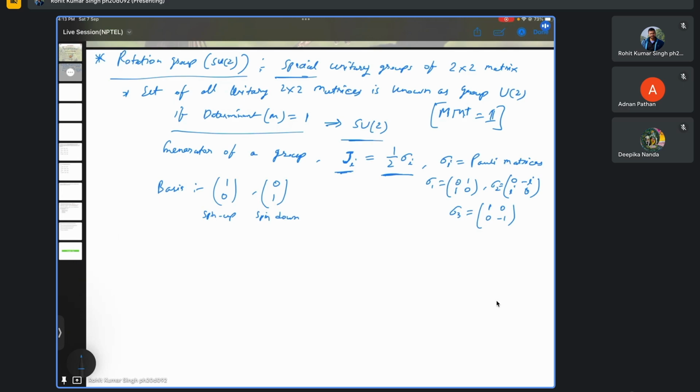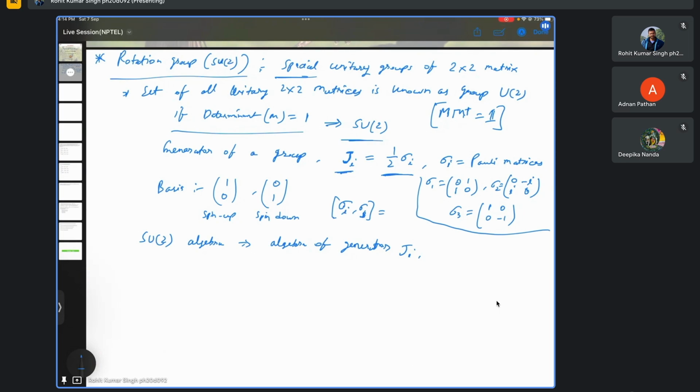And then what we call the SU2 algebra is just the algebra of the generators J_i. You must have seen that these sigma_i are related to each other through commutation relations.